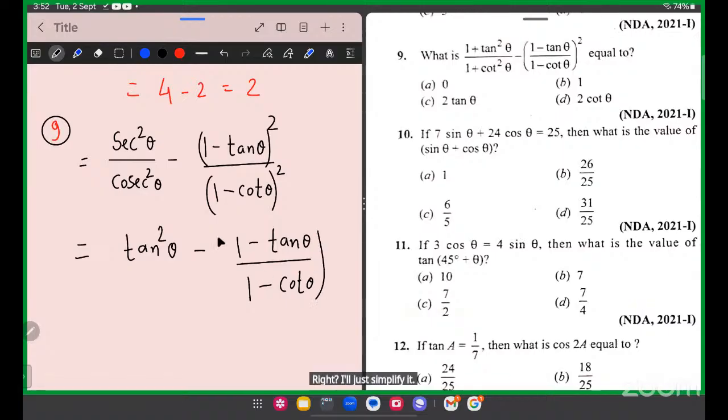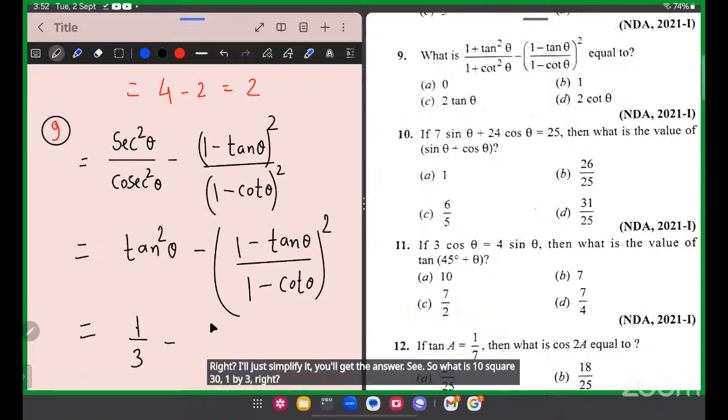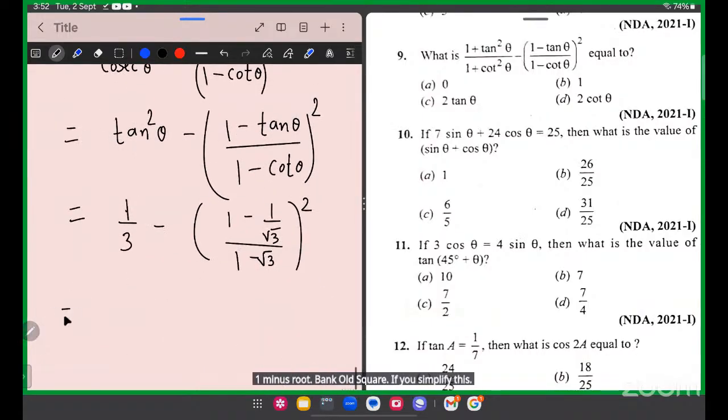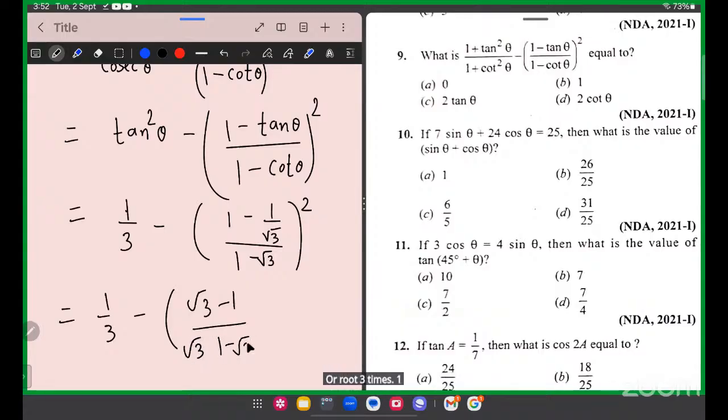You'll get the answer. See. So what is tan square 30? 1 by 3, right? Minus 1 minus 1 by root 3 and divided by 1 minus root 3, whole square. If you simplify this, we are getting 1 by 3 here minus root 3 minus 1 over root 3 times 1 minus root 3, and whole square.